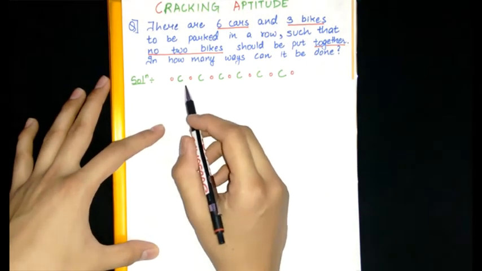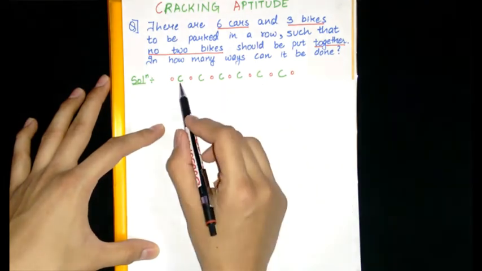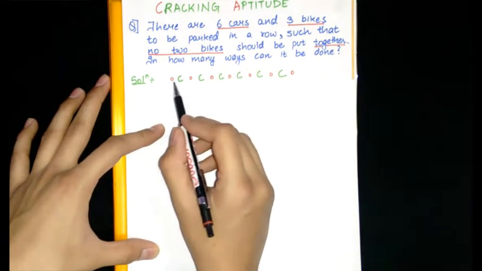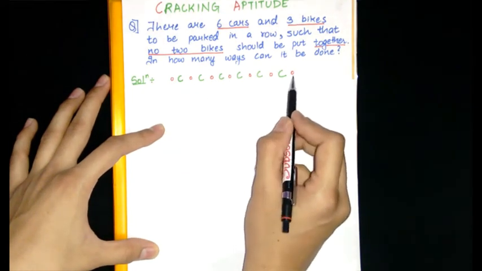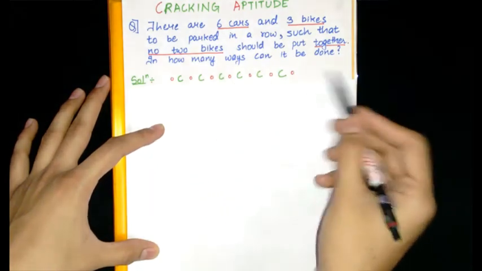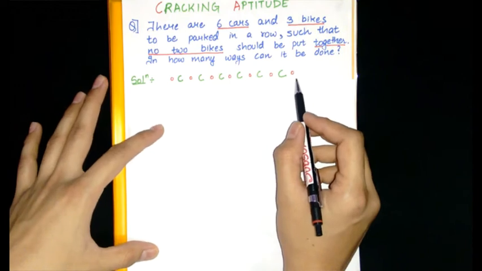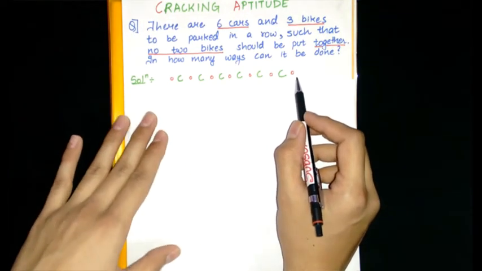So here I have written C in green, that represents cars. There are 6 cars, 1, 2, 3, 4, 5 and 6, and there are red dots or circles that I have put in between these cars. There are 7, and these 3 bikes can occupy any of these 7 places in between the cars so that no 2 bikes are parked together.